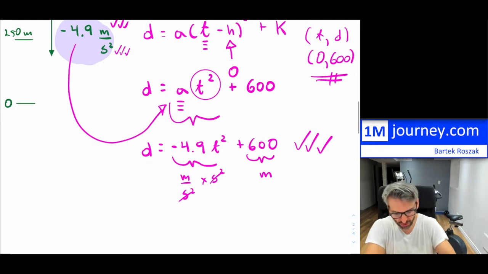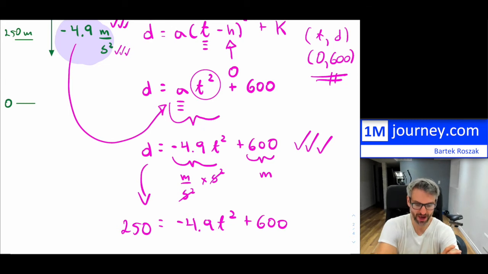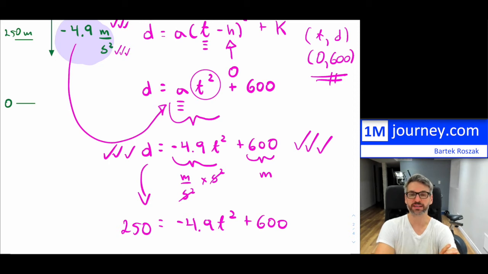So what would you do if you had this equation? Well, you would say, I want to get to 250, and I know that I have this quadratic right there. This is some kind of parabola, pointing downwards. We know exactly what the vertex is. Now, please remember that t is going to be greater than or equal to 0, because t can't be negative. So this is not a true parabola, because you're going to have a restriction.